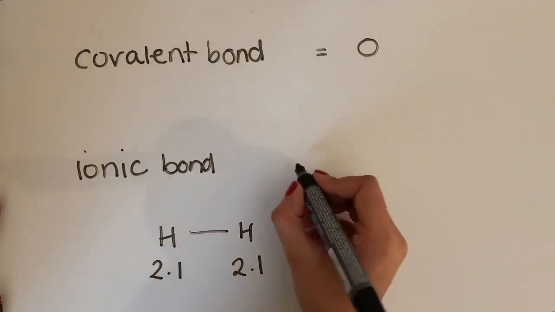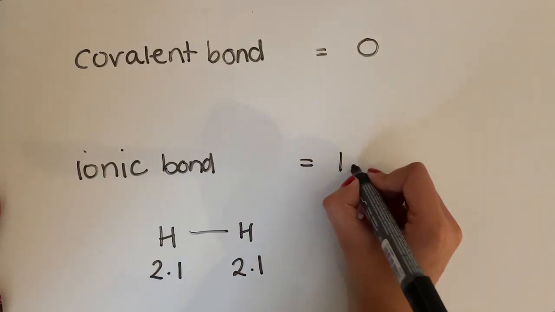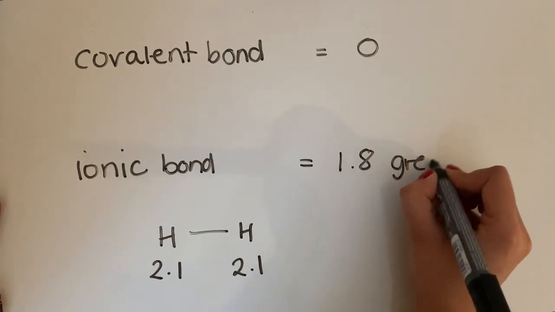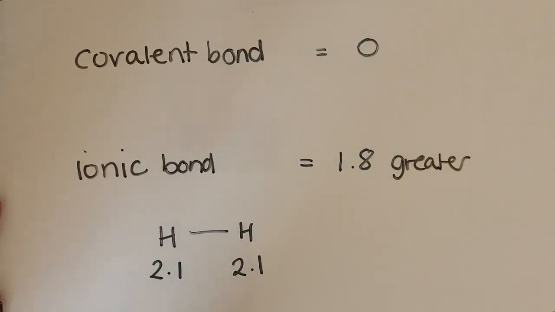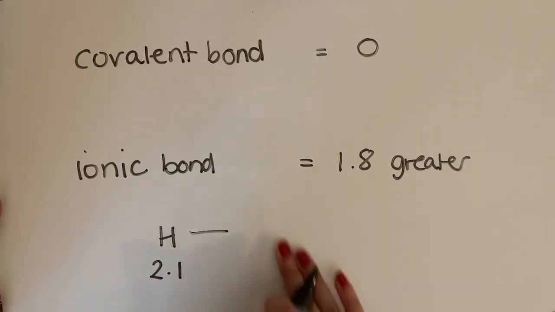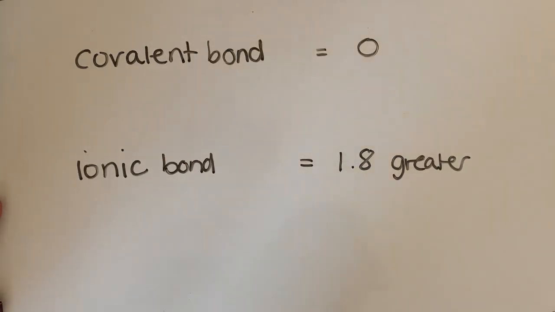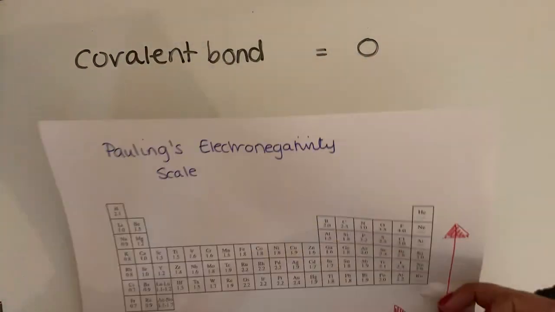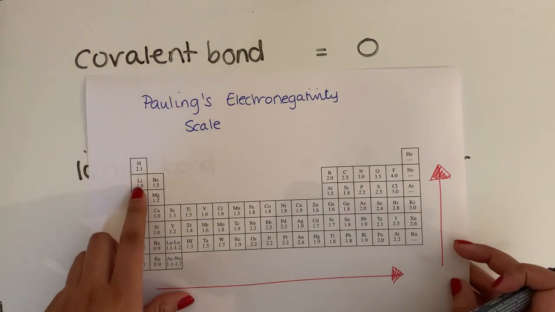Okay. If the difference between the two is 1.8 or greater, that tells us that we are likely to have an ionic bond. Okay, so let's now have a look at the scale. Over here, let's just have a look at lithium and oxygen.